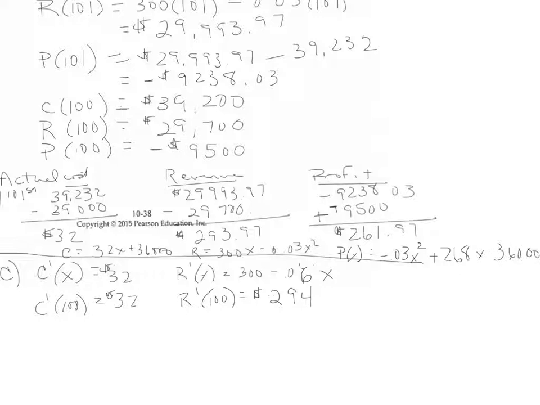When you take the derivative of that, we get negative 0.06x plus 268. So if I were to find the profit at 100 units, I get what? 262. I should say the rate of change of profit. I get $262, which also is pretty darn close to 261.97.